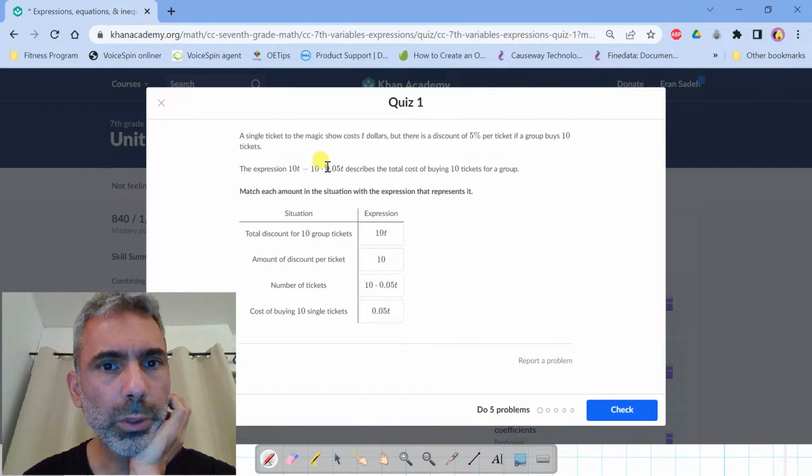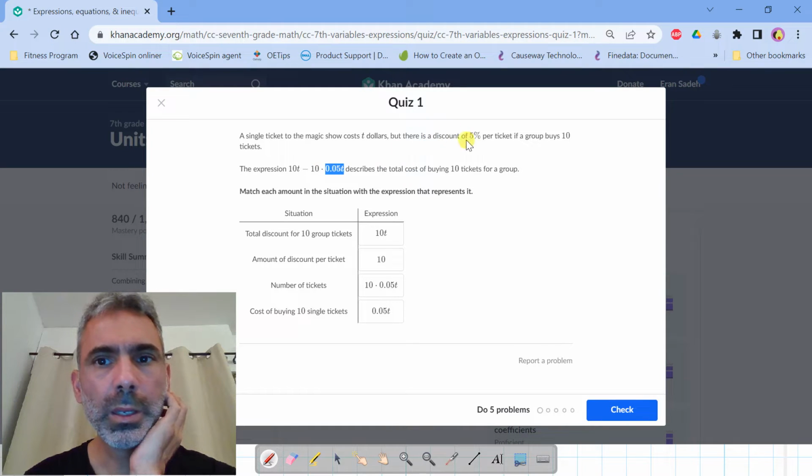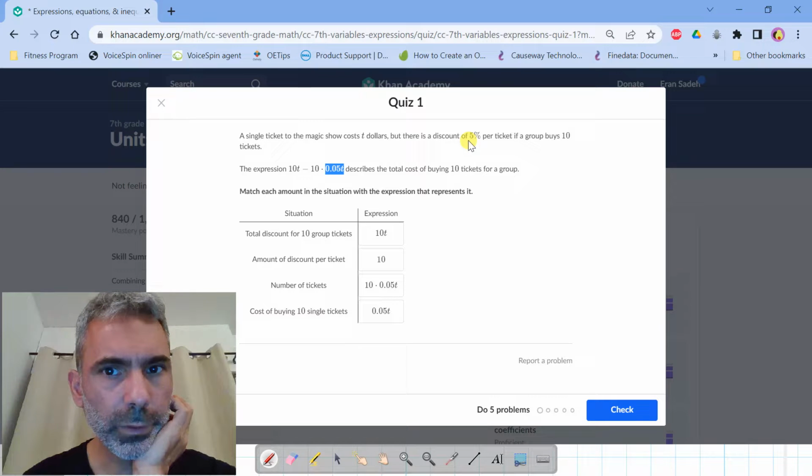Okay, so 0.05 is 5% times T, which is the cost of one ticket. So 0.05 times T is the amount of discount in dollars per ticket, and when we multiply times 10 it is the amount of this discount in dollars per 10 tickets, and we subtract this amount from the cost of the 10 tickets.